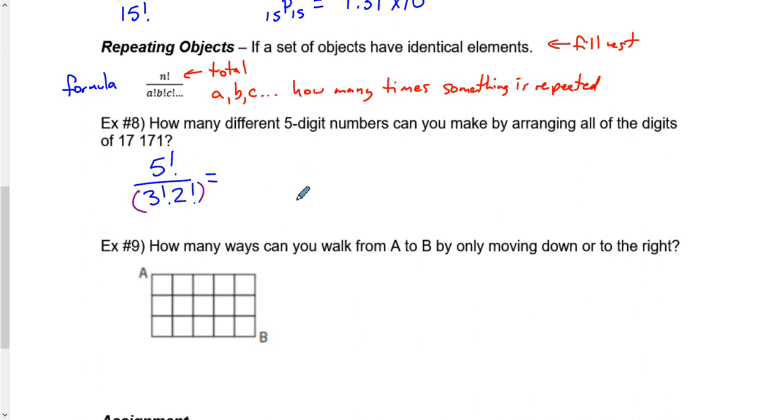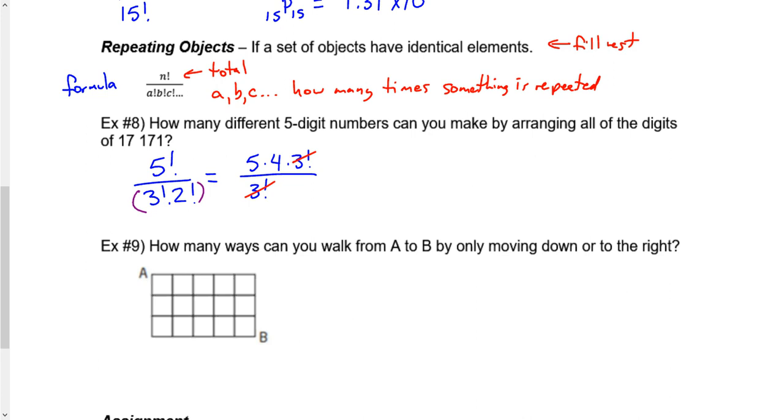But of course, whenever possible, I like showing things just with this factorial, just so you understand further what it is. 5 factorial is 5 times 4 times 3 times 2 times 1. But I say that 3 factorial because I know that in my denominator here, I'm going to be able to cancel this 3 factorial with this 3 factorial.